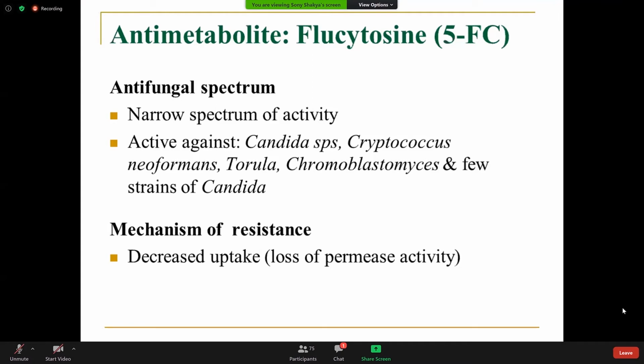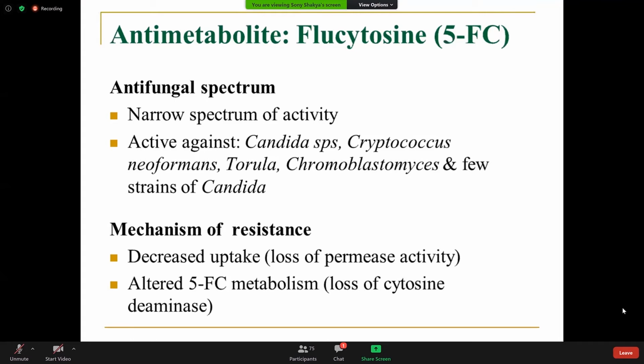So regarding flucytosine's resistance against fungi, there can be decreased uptake, a loss of permease activity. If there is loss of cytosine permease activity, then the uptake will fail to occur and it cannot enter inside the cell. So that can lead to resistance.